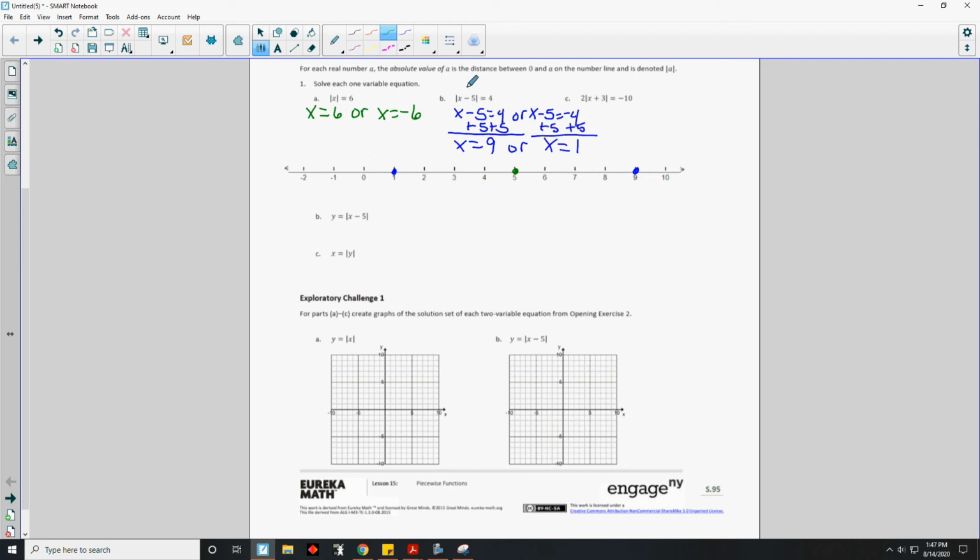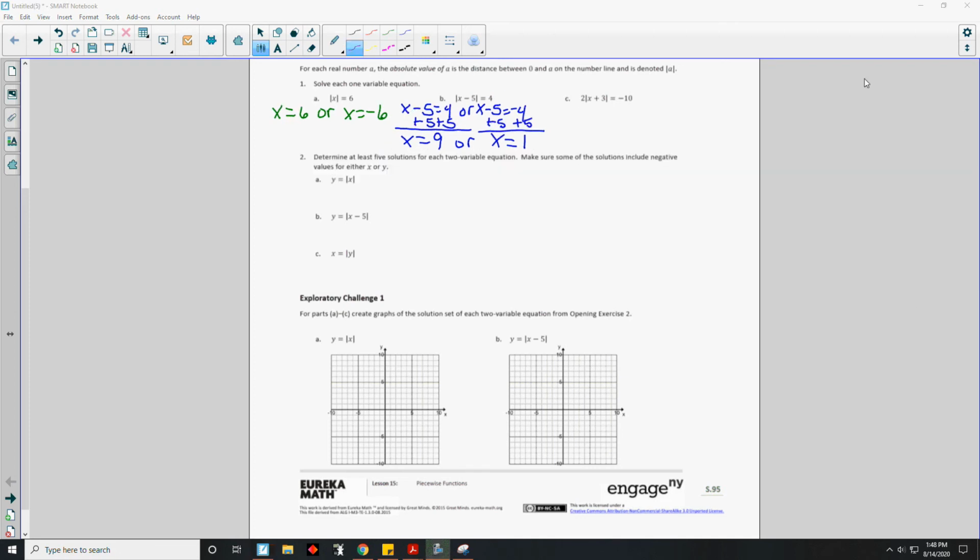So this just basically says the number inside is the opposite sign, and that's the point we're talking about. And we're going to be 4 units away from it on both sides. That's what absolute value really means. Hopefully that was a clear representation and you understand that.